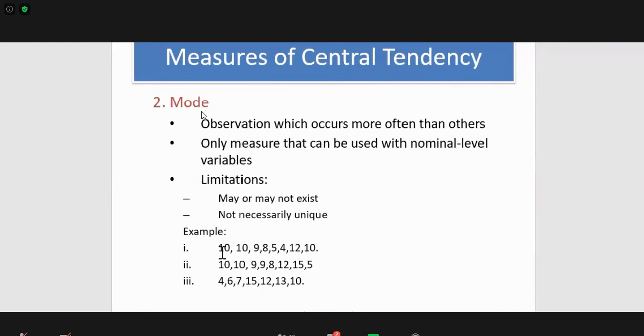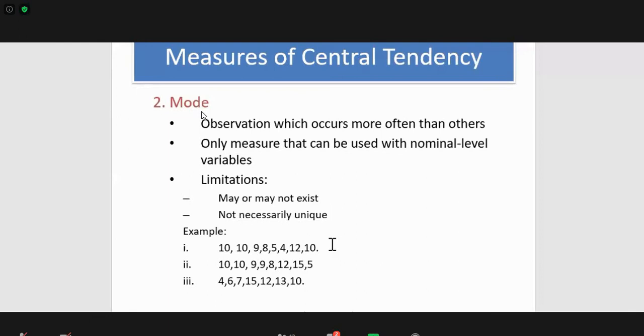Now see, these 10, 10, 9, 8, 5, 4, 12, and 10. This is your data set. You can calculate mean for this by adding up all these observations and dividing by the number of observations. But if you do that, you can have only one value for mean.